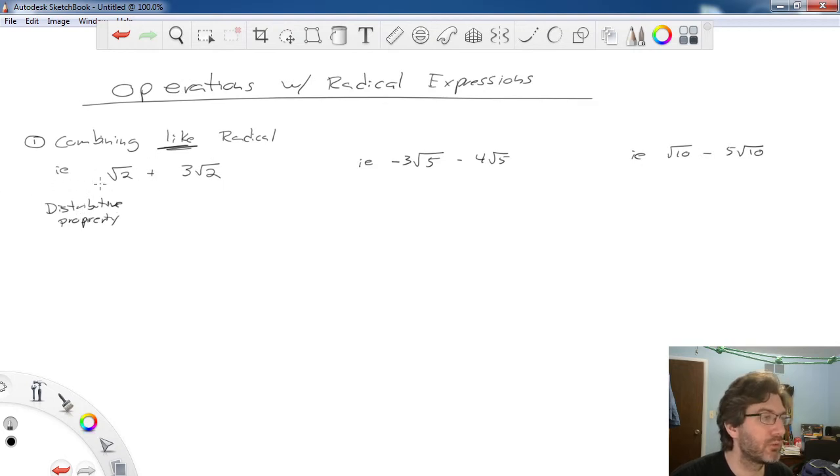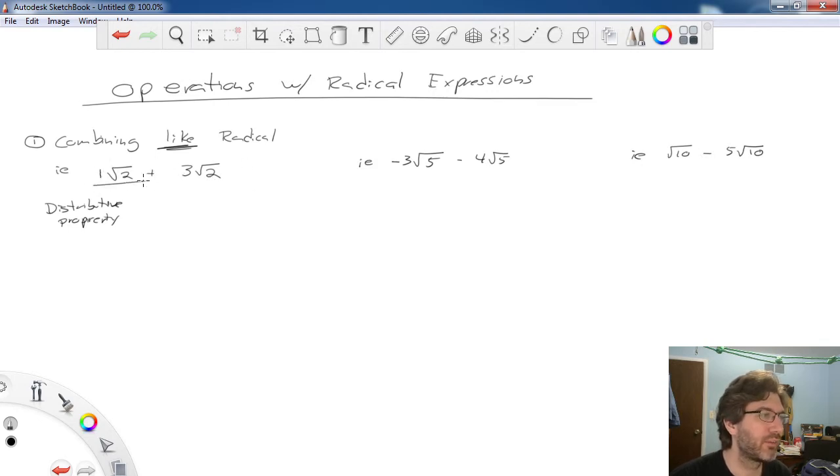You will note just off the bat that this actually has a 1 in front of it, right? The square root of 2 is the same thing as 1 square root of 2. So if I did put a 1 there, you can imagine there being a 1. With that, you should be able to factor out this square root of 2.